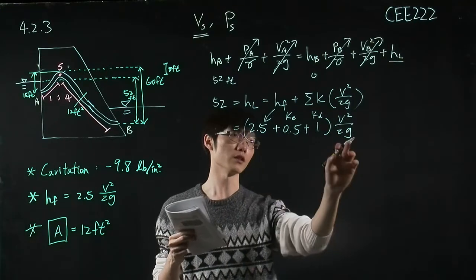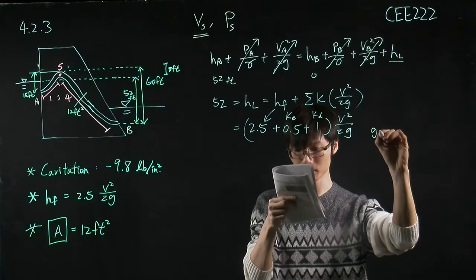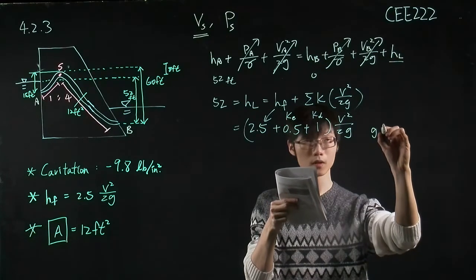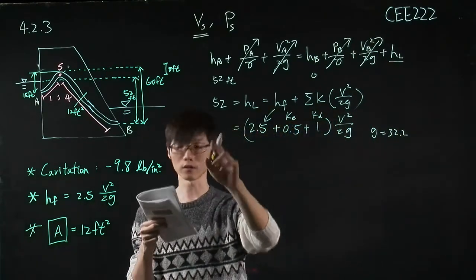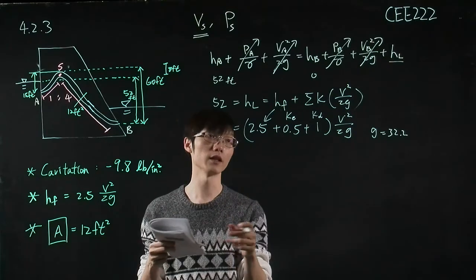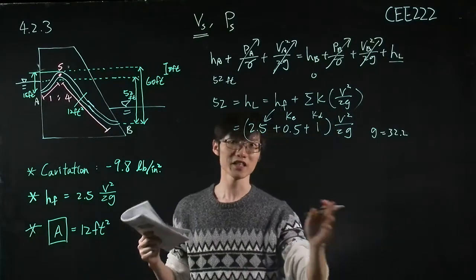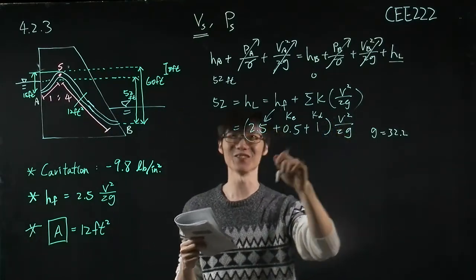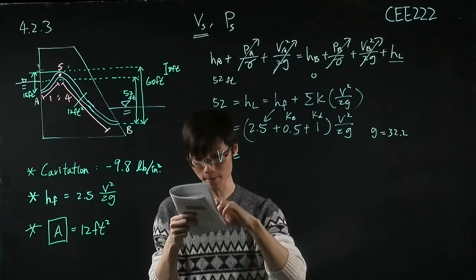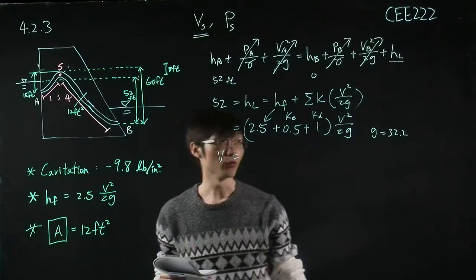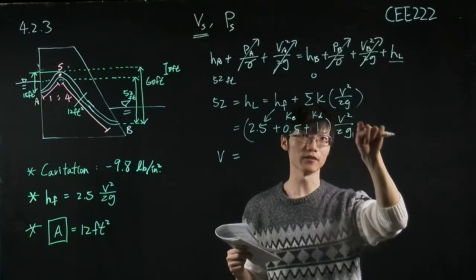From this equation, we know g is equal to 32.2. You plug g into this equation, and then the only unknown is V. Actually, we don't need to calculate all these terms, because we need this entire velocity term.